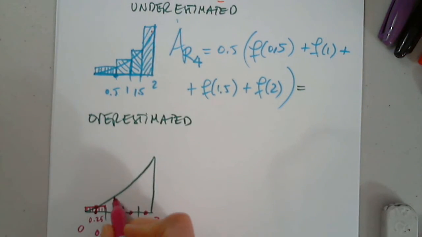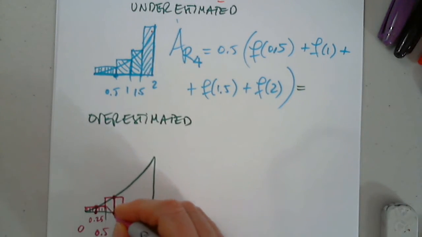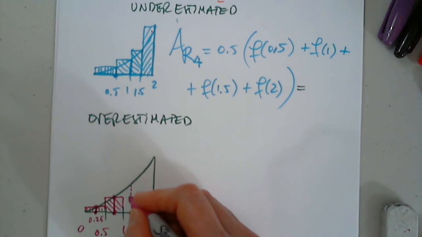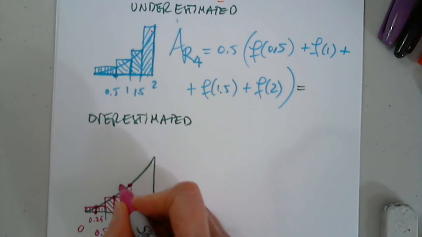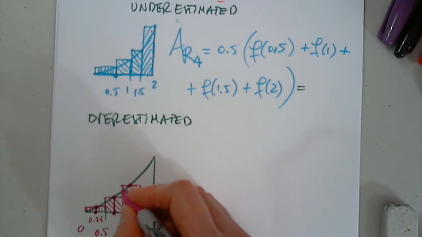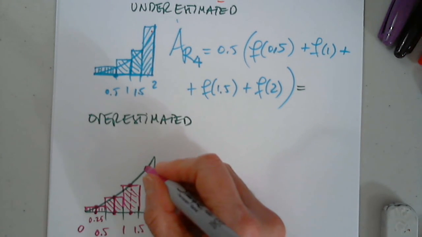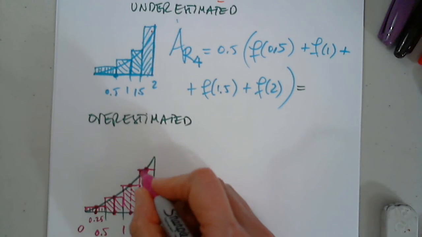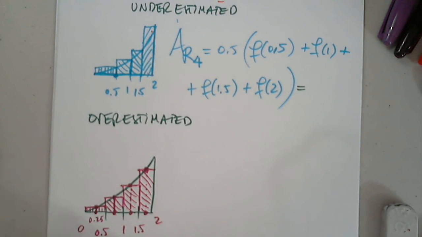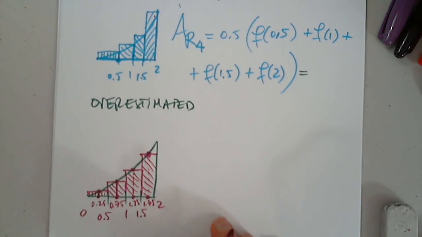Height, it hits the graph, I draw a horizontal. And this is the next one. Height, hits the graph, draw a horizontal. That's the next. Height, hits the graph, horizontal. So this is 0.25, this is 0.75, this is 1.25, and this is 1.75.